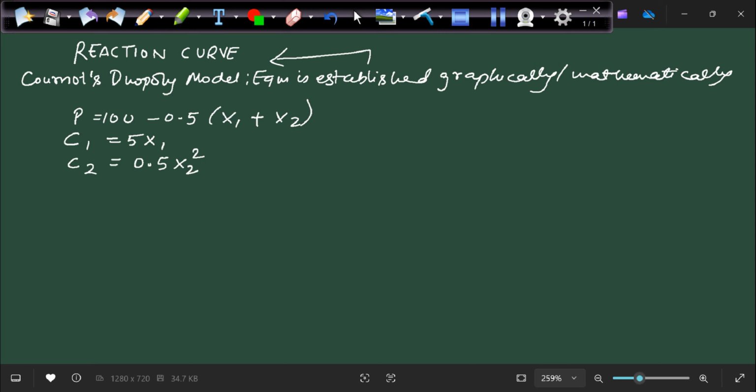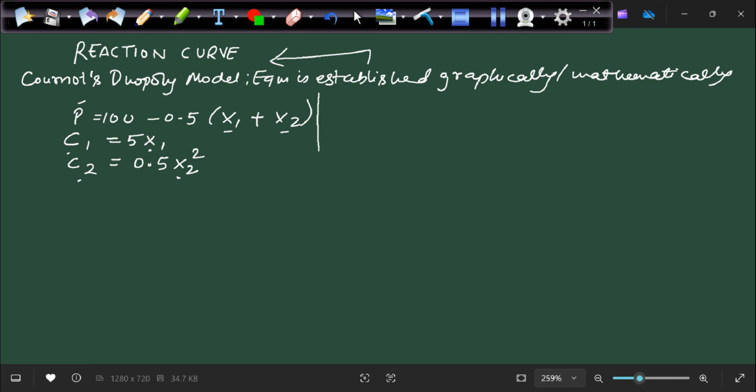Here this is the market demand of the duopolist. P, x1 and x2 are quantities demanded by firm 1 and firm 2, the two firms in the duopoly model. C1 is the cost of firm 1 and x1 is the quantity. C2 is the cost of firm 2 and x2 is the quantity.